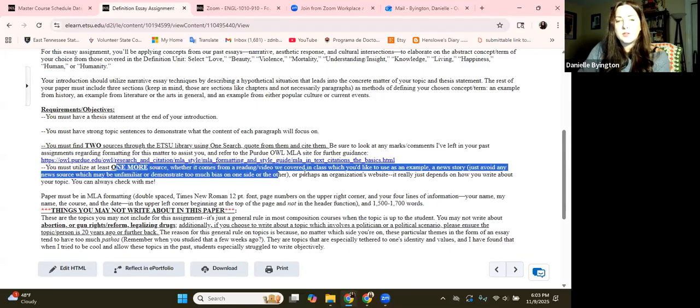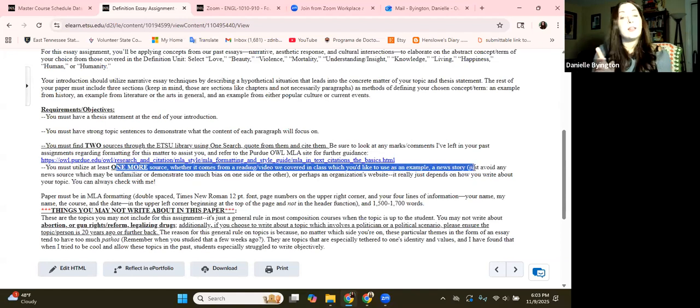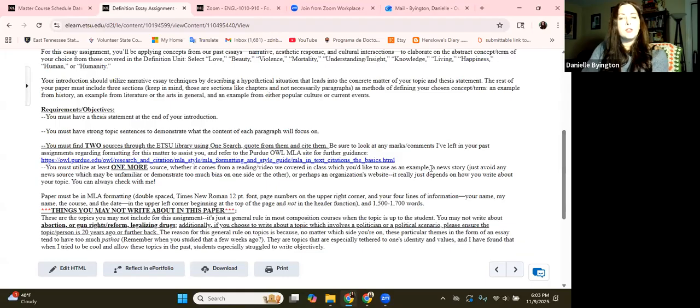And one source that has to do with what you're talking about. It can be a reading or a video that I assigned on that particular week in the definition unit, or if that doesn't really apply to the way you are approaching your definition, you can use a news story. Just make sure it's not really biased on one side or the other.